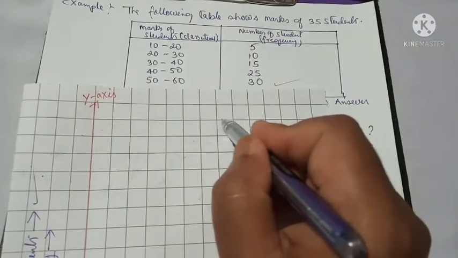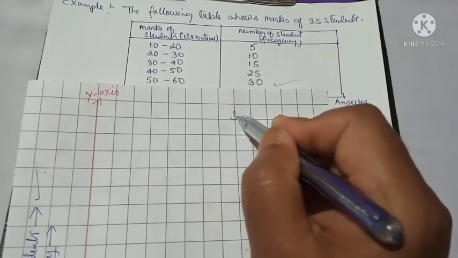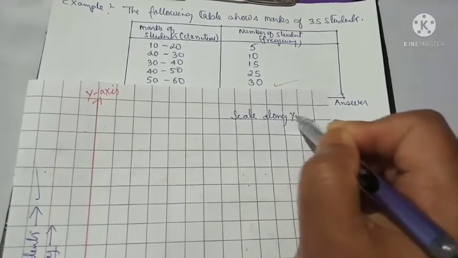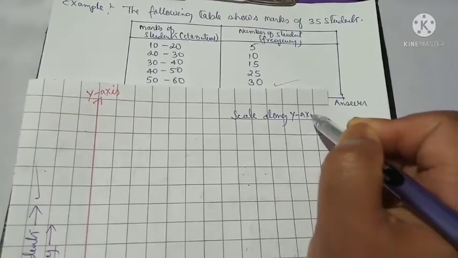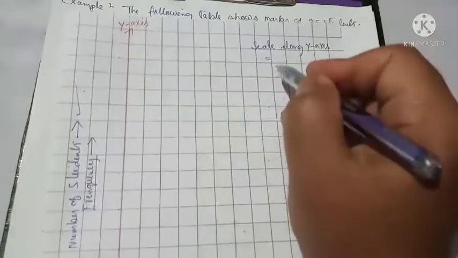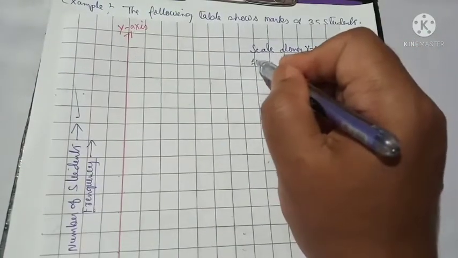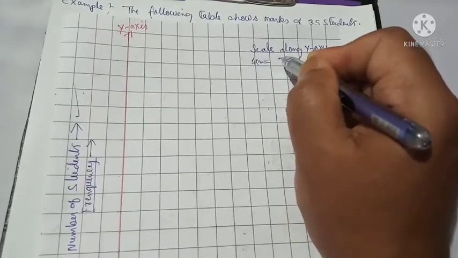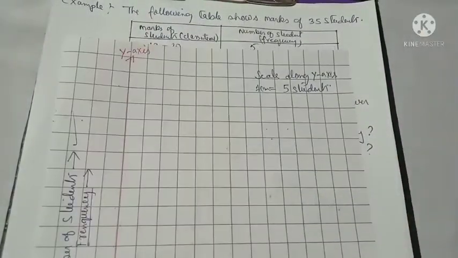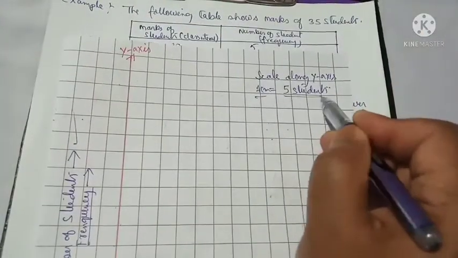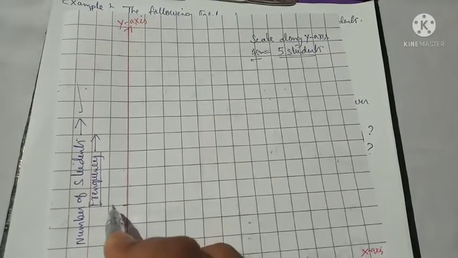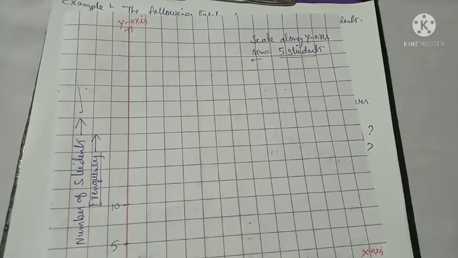Now we write the scale along the y-axis. Let's consider 1 centimeter is equal to 5 students. So we write 5, 10, from here to here is 1 centimeter.